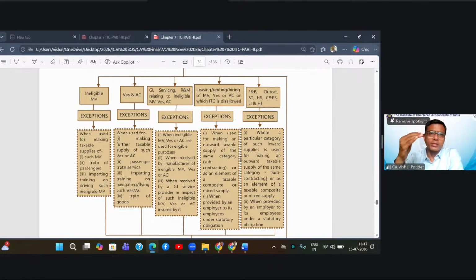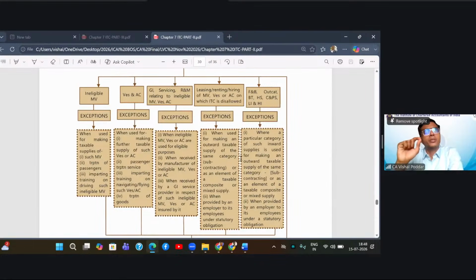So what this 17.5 list covers, as you can see in different blocks, it covers names of some inward supplies, maybe imports, input services or capital goods, on which the law does not want to allow you credit. Please understand this first. However, having said this, there is a standard exception in all of them.